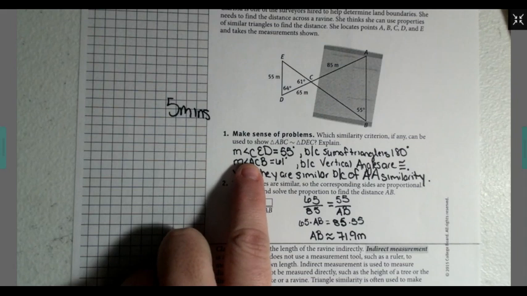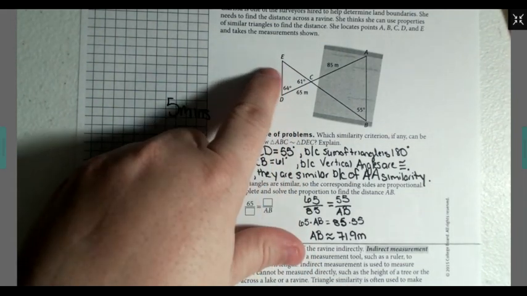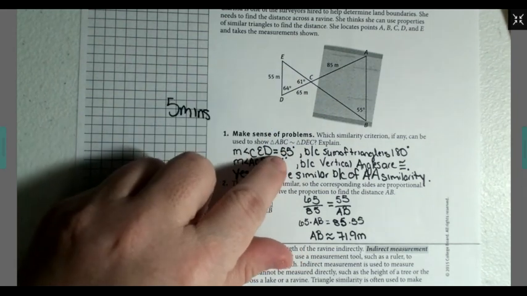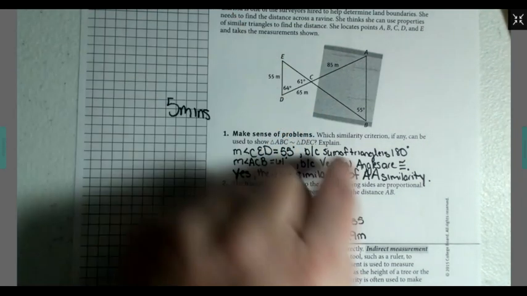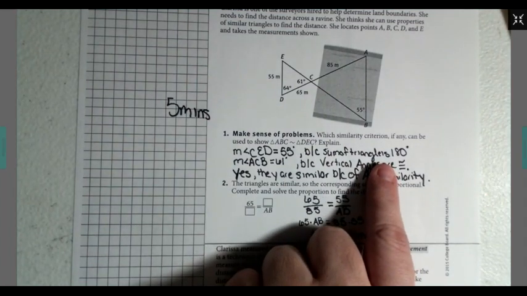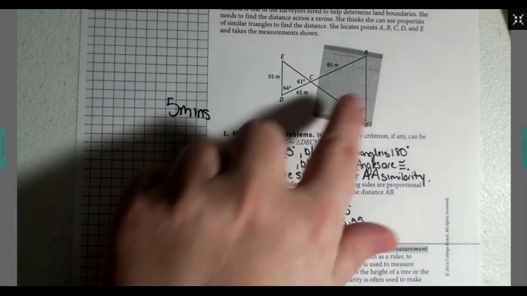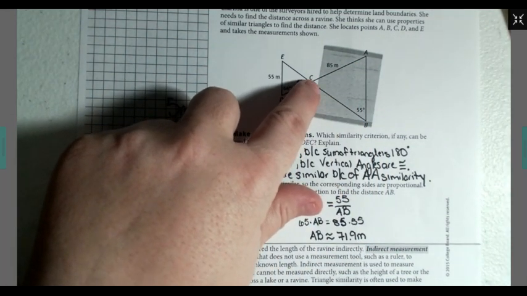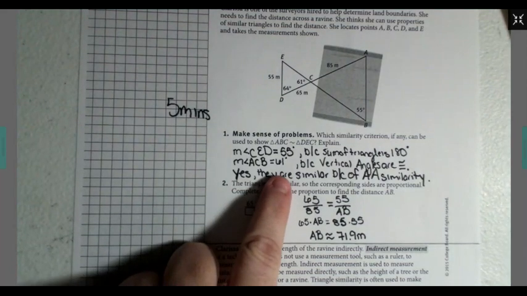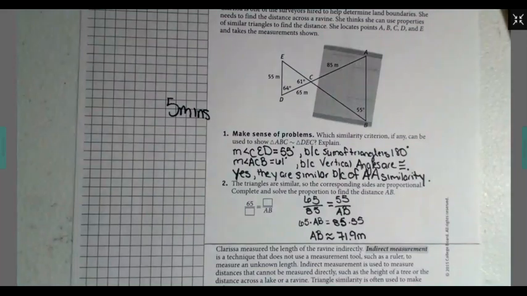So I say the measure of CED, this one angle that's missing in this triangle, is 55 degrees because the sum of all the angles should equal 180 degrees. Then I also state that the measure of angle ACB, this angle right here, is 61 degrees because these two angles are vertical angles, so they're congruent.